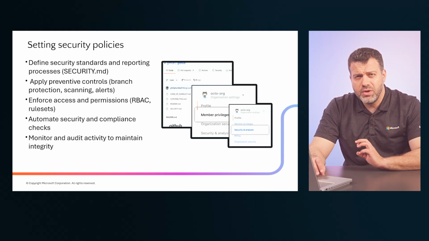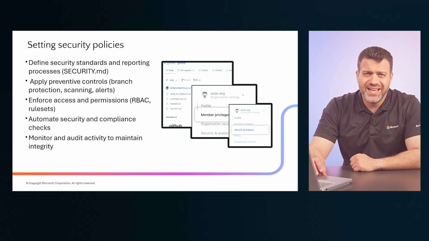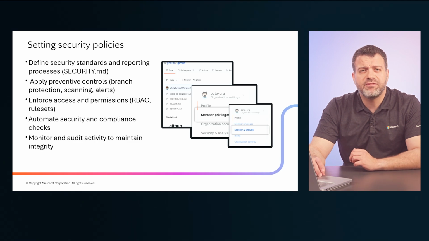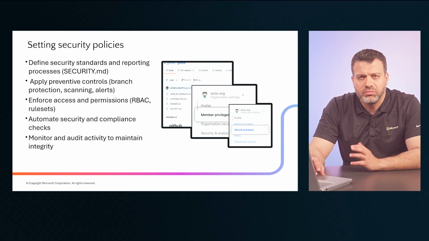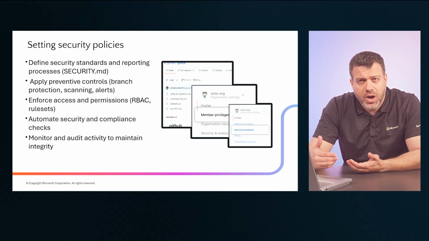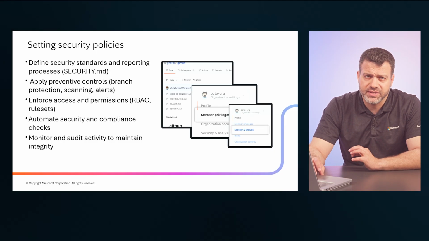And finally, we make everything visible through audit logs and monitoring, so you know exactly what's happening across your organization at any time. Now imagine you're onboarding a new team. Instead of manually explaining every rule, these policy guidelines automatically keep your project secure and consistent from day one. Let's walk through how to set these security policies step by step.